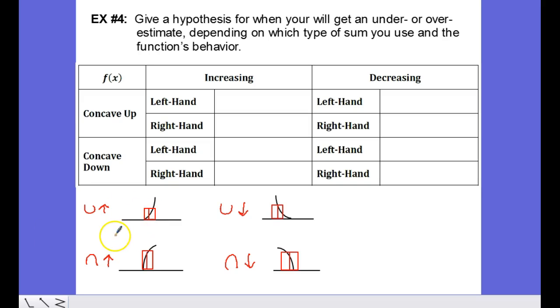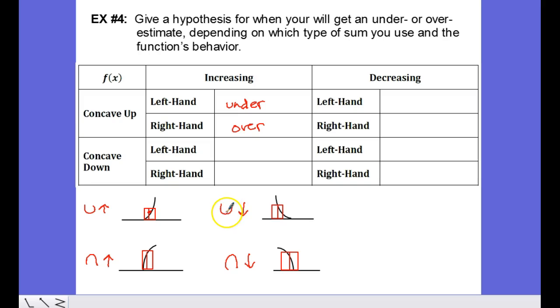Now, looking at my left hand sum in the situation of concave up and increasing, my rectangle's a little off, but my left hand sum is under the curve, and so that's an underestimate. Now my right hand sum is actually over the curve, so we have an overestimate.